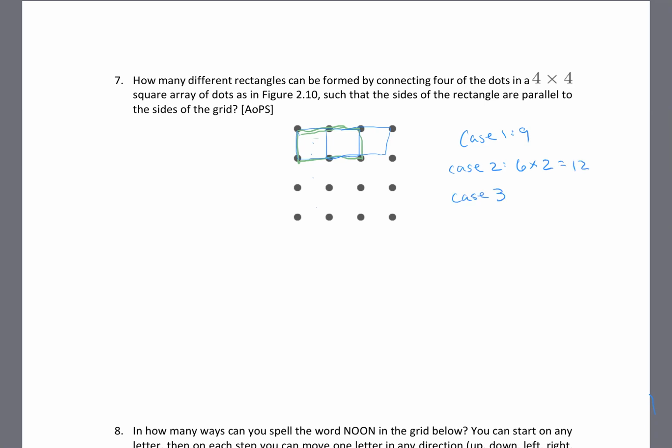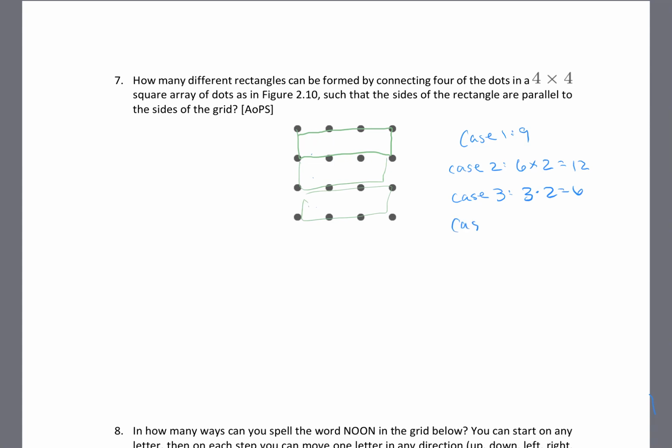And then for case 3, we can have the long rectangle, and then there's 1 for each row, so there's 3 horizontal ones, and then if we multiply it by 2, there's 3 times 2 equals 6.